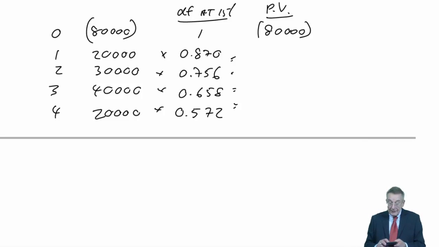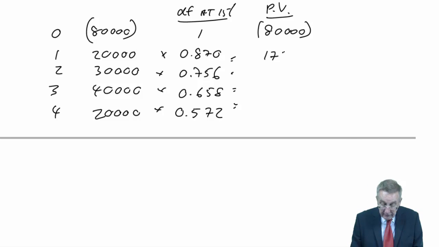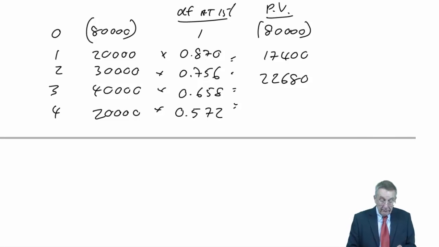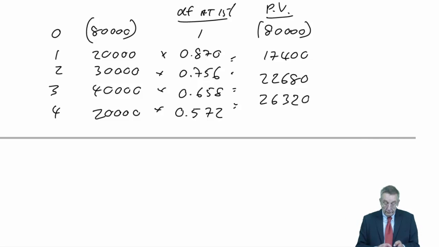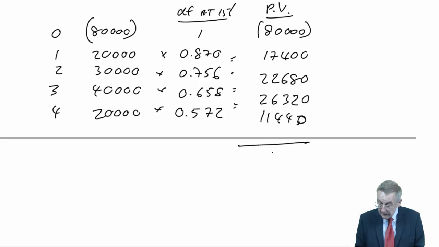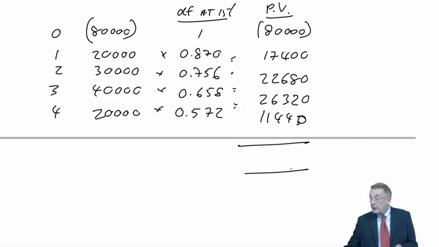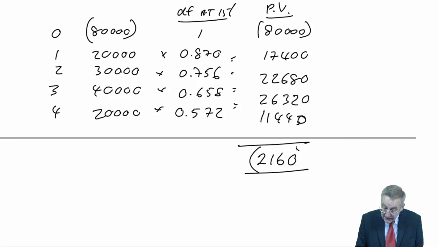Giving present values of 17,400, 22,680, 26,320, and finally 11,440, which gives a net present value at 15%: 17,400, 22,680, 26,320, 11,440 minus 80,000. 2,160 negative.